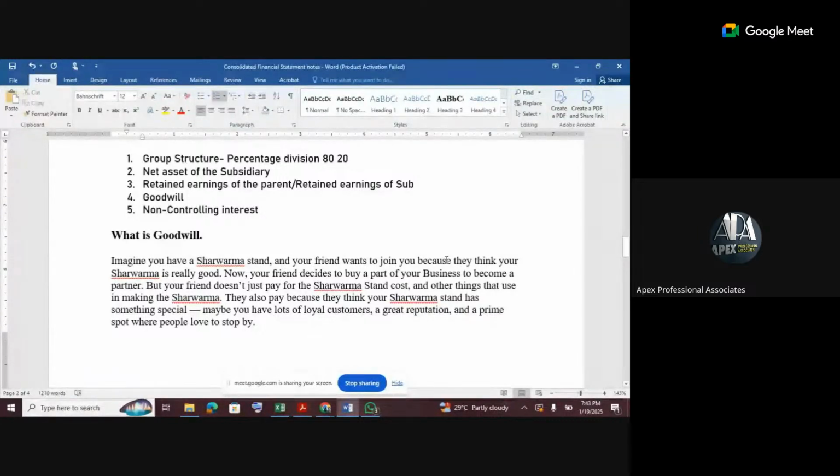Now, your friend decides to buy a part of your business to become a partner. But your friend doesn't just pay for the shawarma stand cost and other things that you use in making the shawarma. They also pay because they think your shawarma stand has something special. Maybe you have a lot of loyal customers, a great reputation, a prime spot where people love to stop by.